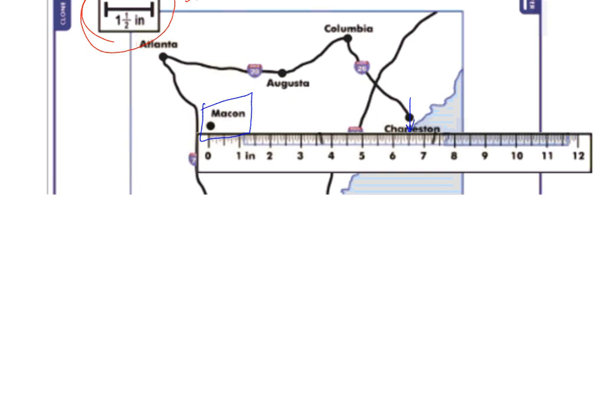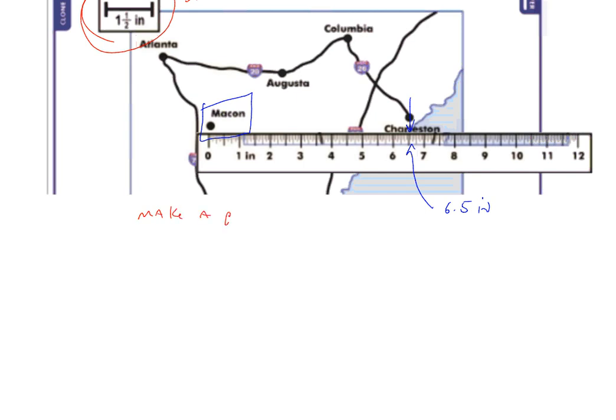You got to read the ruler. That's not hard to do. I tried to make it easy. Colby? 6.5. It is 6.5 inches, right? So hopefully you agree that this is 6.5 inches. Is it really 6.5 inches from Macon to Charleston? Obviously not. And the way we want to solve this problem is we want to make a proportion.